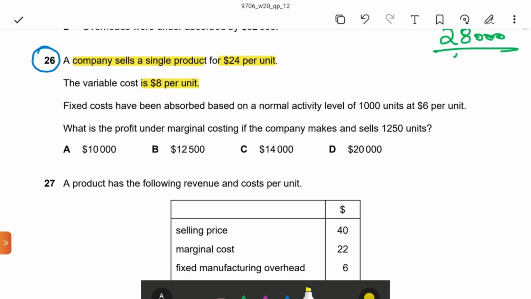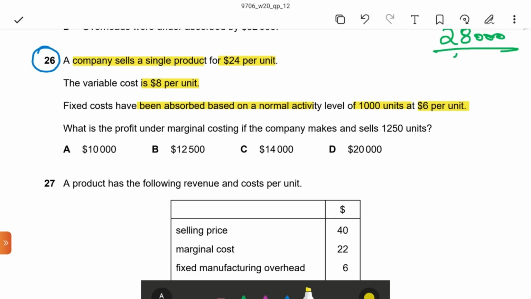Fixed costs have been absorbed based on a normal activity level of 1000 units, at 6 per unit. It means the fixed cost is calculated for each 1000 units, so that is 6 per unit.